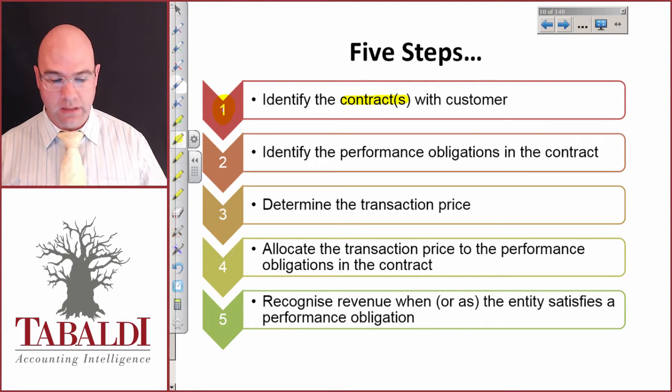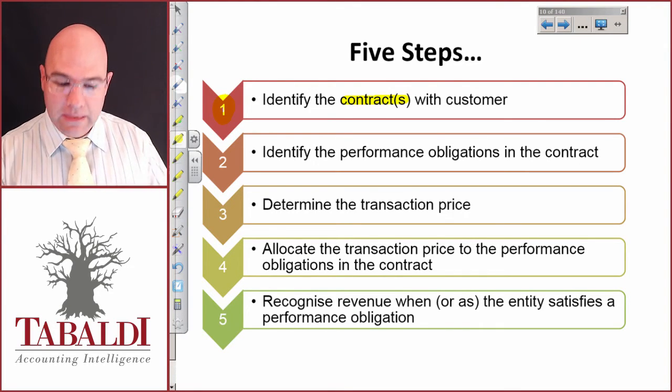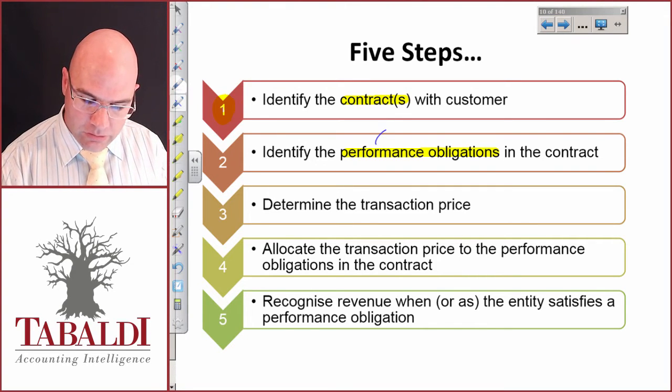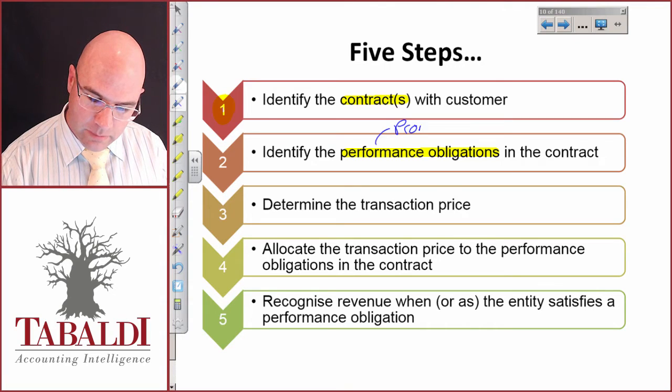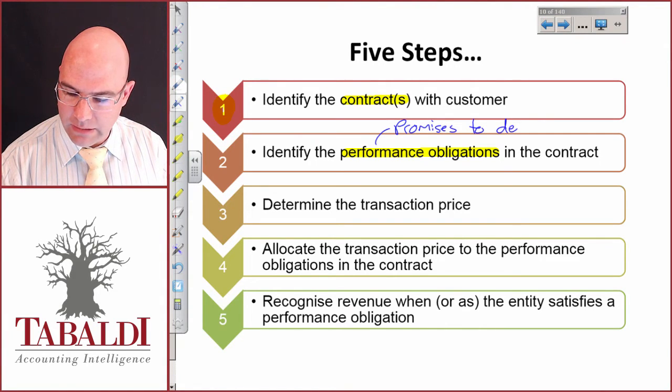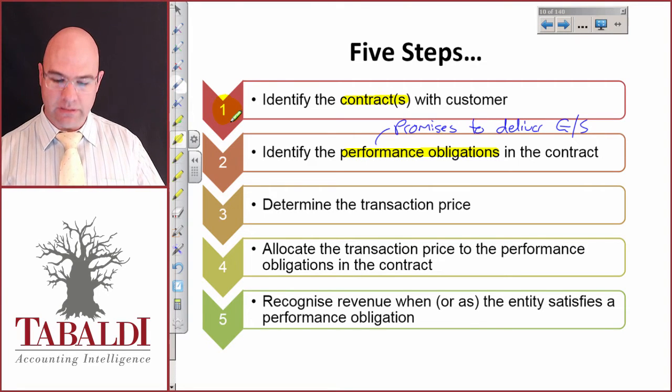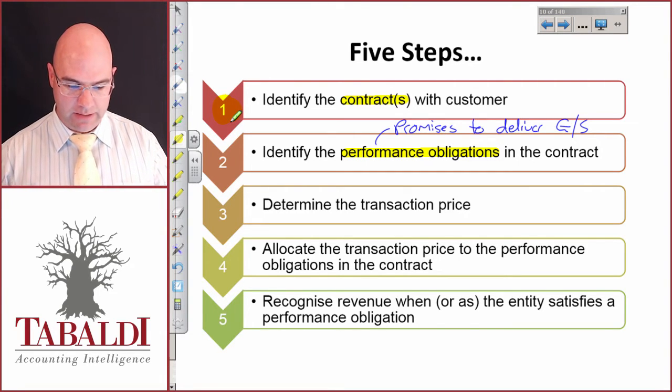That's a contract, right? Identify within that contract any performance obligations. Those are the promises that we have made to deliver any goods or services. Okay, so we are the entity and we've made promises to deliver in that contract.